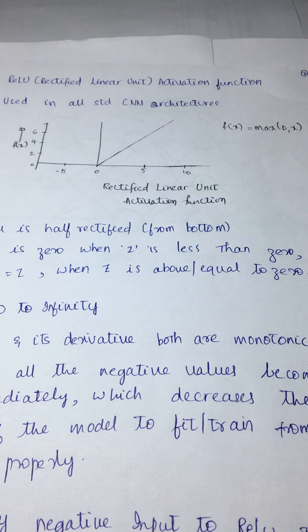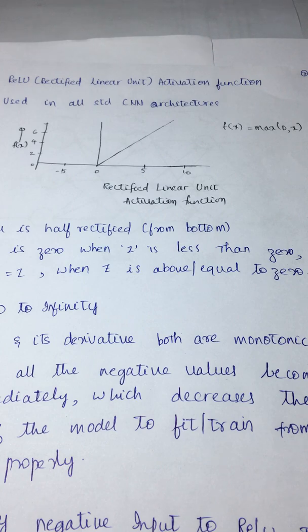Again, from the graph you can see that the function is monotonic, similar to your sigmoid as well as tanh, but one major difference is over here your derivative is also monotonic. ReLU is commonly used, at least in a few hidden layers.